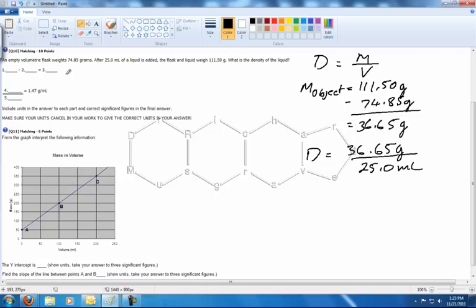We're going to do a subtraction first, and then a division, so we have to make sure our significant figures are correct at this last part, which they are. That's going to give us our final answer of 1.47 grams per mL. Looking at significant figures, you've got 4 sig figs in this one and 3 sig figs here, which means our answer is going to come out to be 3 sig figs as well.